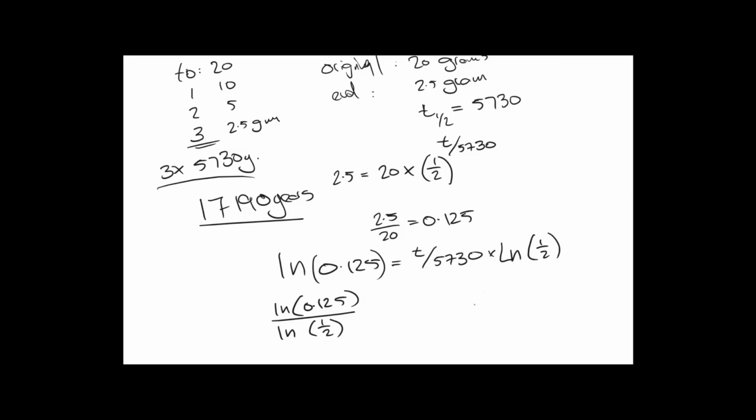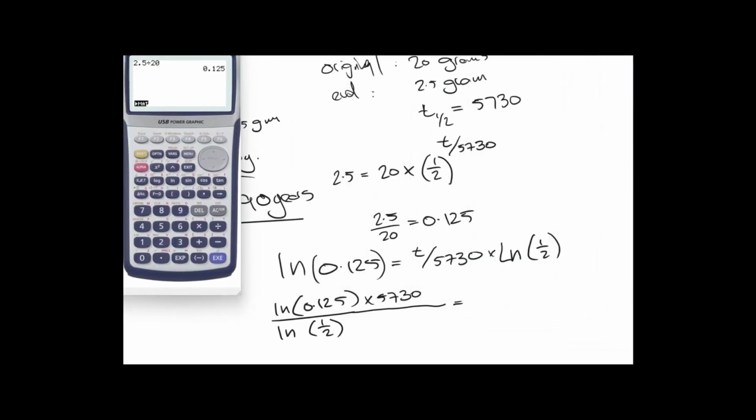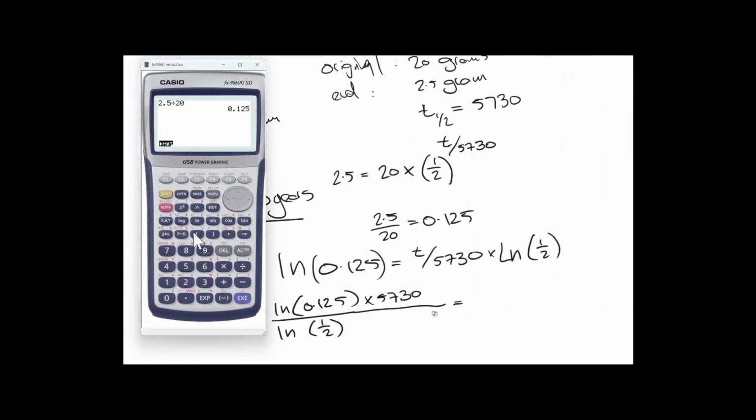They're both going to be negative numbers, and it's going to cancel out. And we want to multiply that by 5,730, and let's see what we get. We should get the same number. So on the top, the natural log of 0.125 close brackets times 5730 equals that.